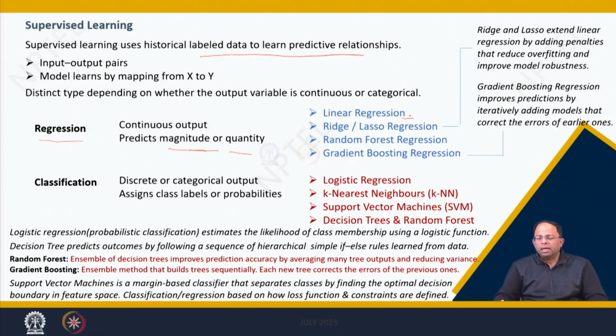What these do is extend linear regression by adding penalties that reduce overfitting and improve model robustness. That means it adds a penalty term, so if the model is overfitting, it will have a larger penalty, and that will help us determine a better model.